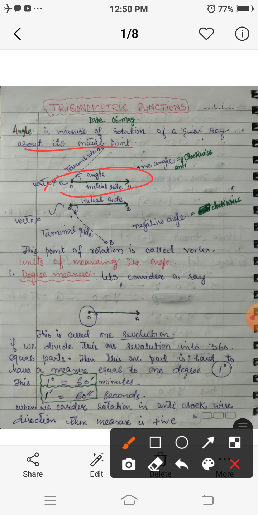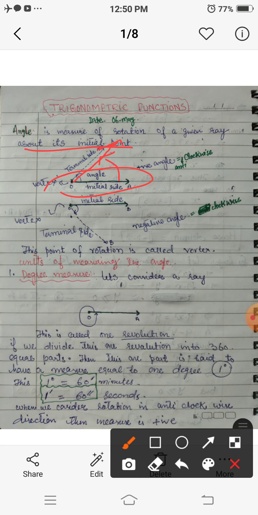If we rotate this in anti-clockwise direction, that is, we rotate this from position A to A dash, for this new ray, O remains the same, that is, the endpoint of these two remains the same. Now the measure of this rotation is simply called the angle.